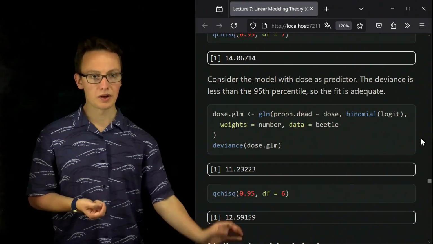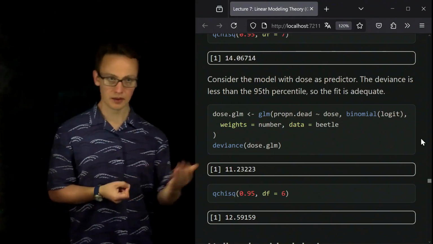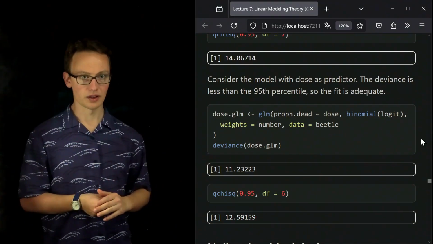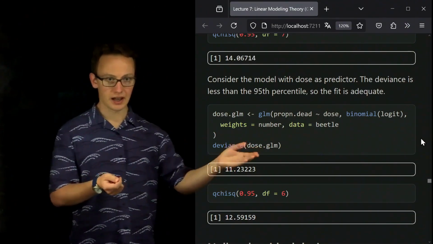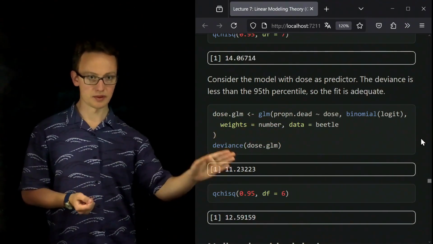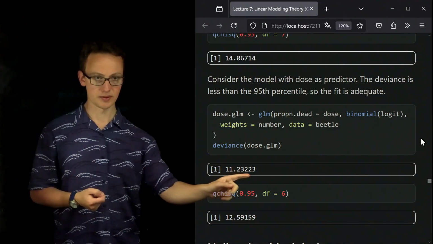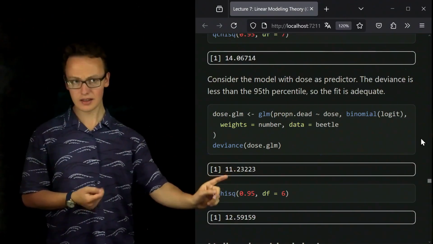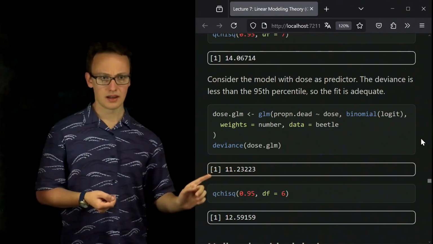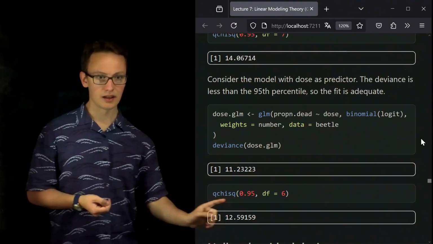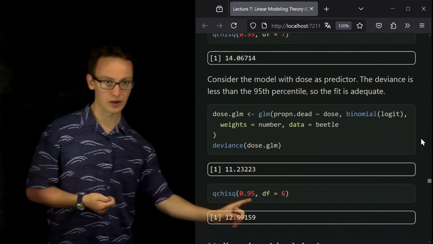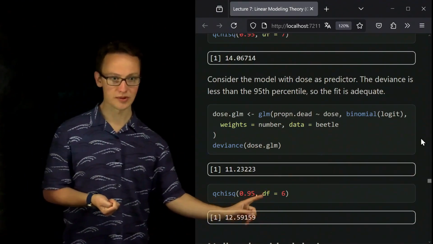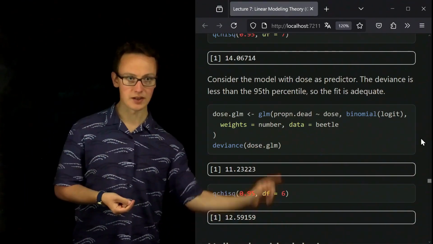Now, consider the model which does include dose as the predictor, the one that we've basically fitted earlier already. Here we can do the same thing again. So we first fit the model, we compute the deviance. The deviance is 11.23. And now we see that deviance is less than the corresponding critical value. The critical value has changed a little bit because now we are looking it up on the chi-square distribution with 6 degrees of freedom as opposed to 7.